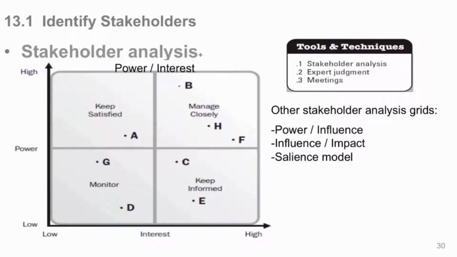Here's a chart right out of the PMBOK. Power and interest grid. What you can see here, here's power on the left, here's interest on the bottom, and now we're talking about your stakeholders. You want to do this for every stakeholder because it will reveal a great deal about how you can approach these people. Up here, if it's very high power, very high interest, maybe it's the CIO for some reason.